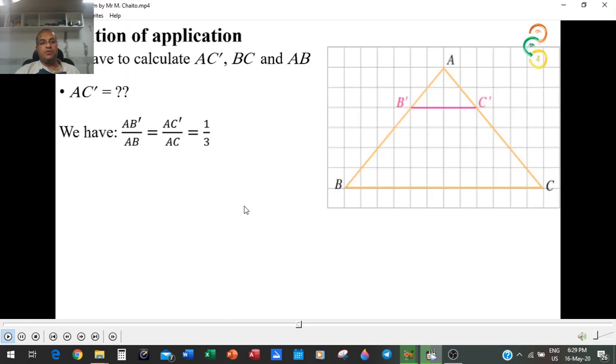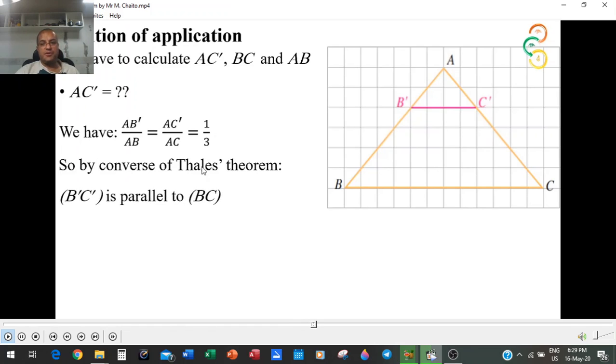AC prime, we don't have it. We have AB prime over AB equals AC prime over AC equals 1 over 3. So by the converse of Thales theorem, B prime C prime is parallel to BC, as I gave you the hint, and AB prime over AB equals AC prime over AC equals B prime C prime over BC.